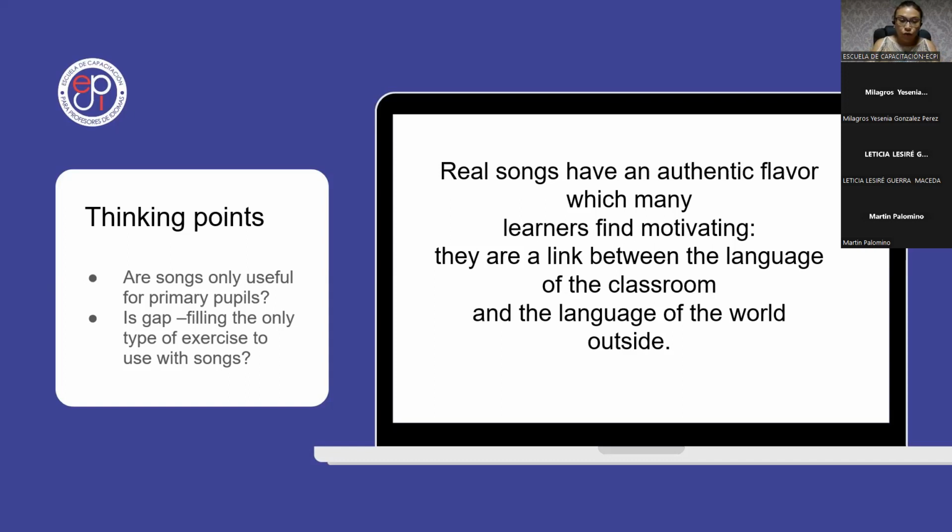So one advantage of having songs or music in general in your classes is that the students can feel confident, that they can feel proud of themselves because they are achieving something.